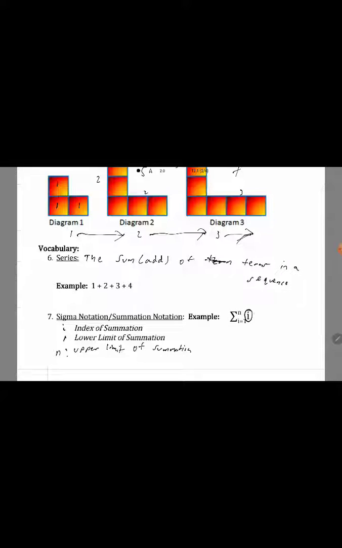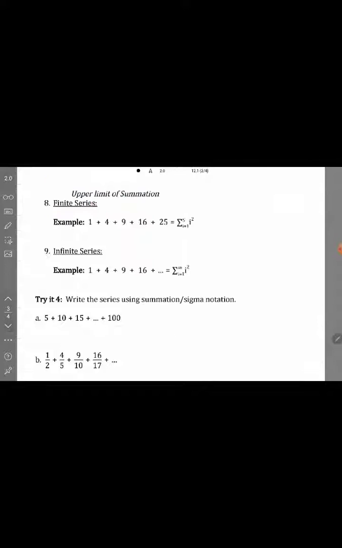So for example, if this i was 2x, I would plug 1 in the equation and get 2. Plug 2 in the equation, I would get 4. n is the number you stop at. So here we go.